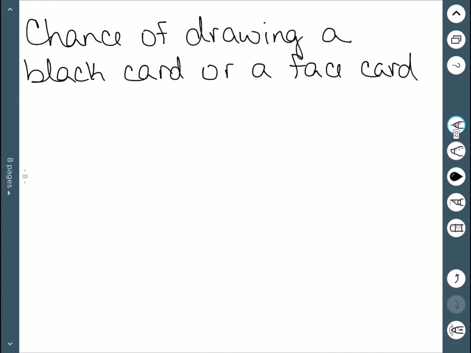Now let's look at the chance of drawing either a black card or a face card. Well, if I consider the black cards, that's half of my deck, and since there are a total of 52 cards, this means 26 out of 52 are black. As we've just discussed before, we have a total of 12 face cards.